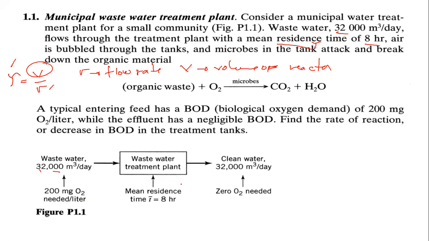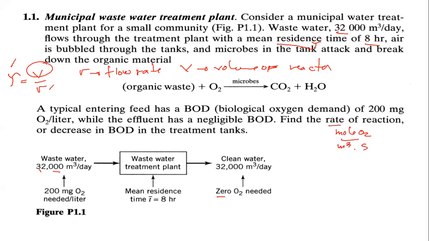The output, the product, has zero BOD, so all of this 200 mg of oxygen is consumed. Always remember, the unit of the rate of reaction is always mole of oxygen per cubic meter per second. That is always the rate we are looking for.